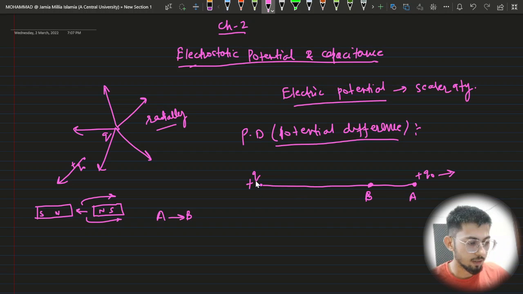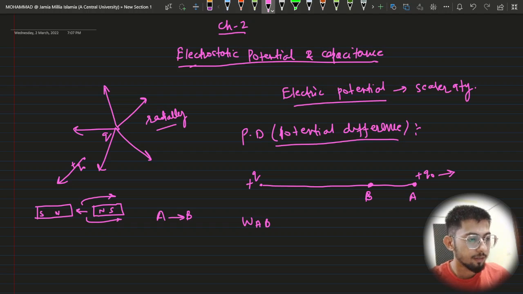Due to the influence of the electric field of this charge q, we will have to do some work in moving this test charge from A to B. Let's say that work is WAB. So WAB has to be the work done against the repulsive force of Q.